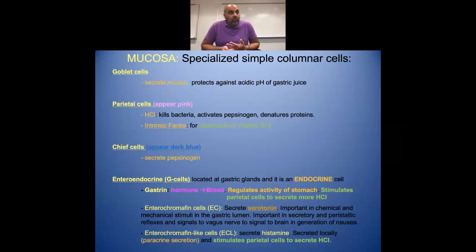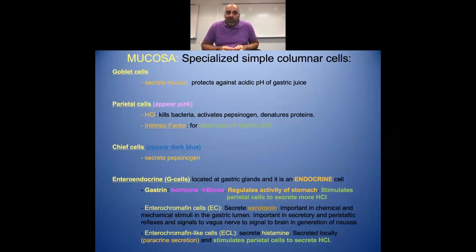So in people that are vegans, because they do not eat animal protein, people that have had their stomach stapled or a stomach bypass, or they have pernicious anemia. Pernicious anemia is a destruction of the portion of the parietal cell that produces intrinsic factor. It's an autoimmune disease. They must take injections of B12.